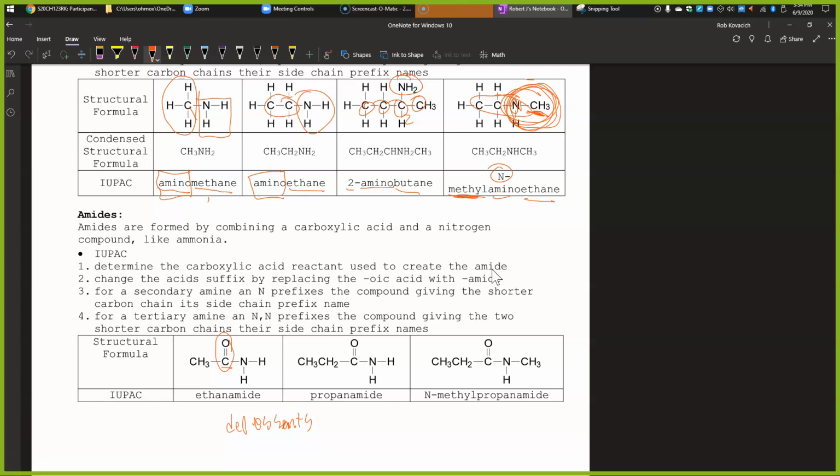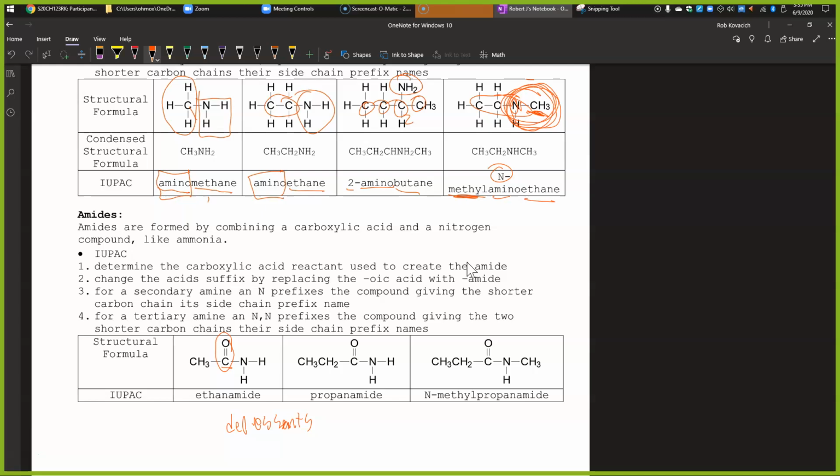I don't mean something that causes depression, but something that slows heart rate, lowers blood pressure, slows respiratory rate. And these are kind of like the esters, where I'm going to start with a carboxylic acid, but instead of an alcohol this time, I'm going to react it with an ammonia-like compound, some kind of nitrogen compound.